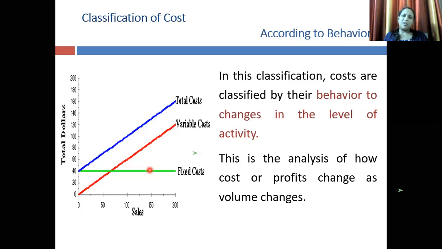Variable cost is under a different category. So variable cost is increasing in nature. Sales increases when variable cost increases. Say if your production unit is producing 100 material, for 100 material transfer, say one van is required.